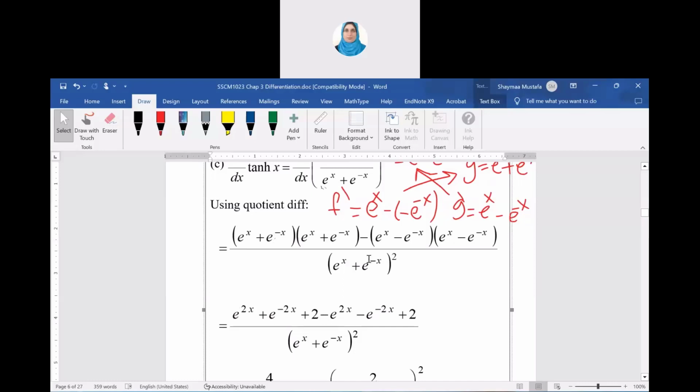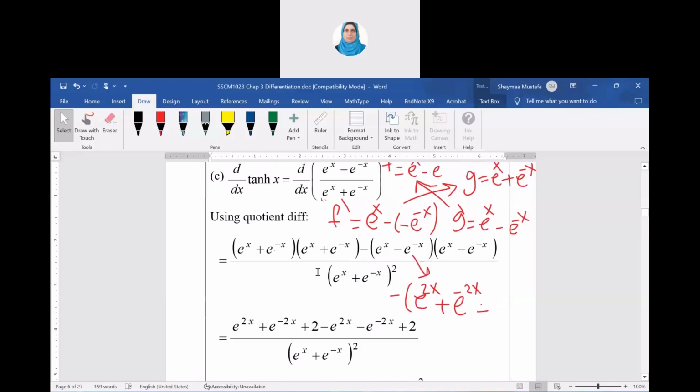We have 2. Minus, now here I have this part, minus exponential 2x, minus minus plus exponential minus 2x, minus. Now we have minus e^-x multiplied by e^x, minus exponential 0, which is minus 1, e^x minus e^-x, again minus exponential 0, which again is minus 1.